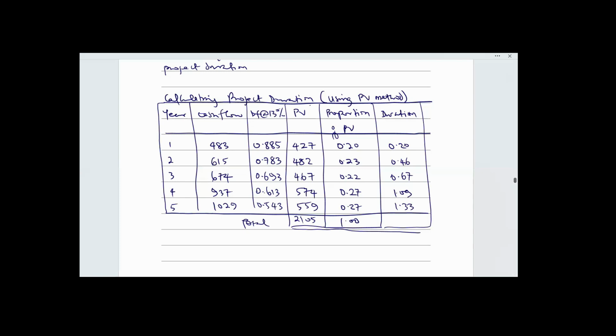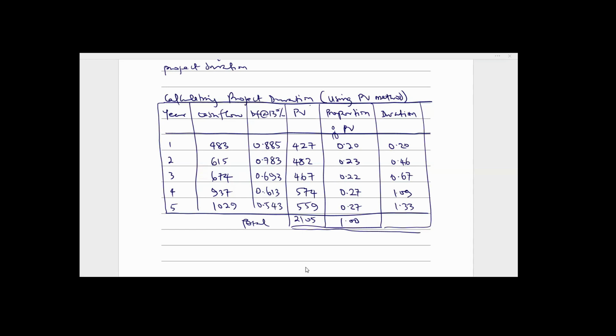Okay, let me try my own. 427 divided by 2105. Here I got 0.2, which is correct, multiplied by 1 produces 0.2, correct. Then 482 divided by 2105 equals 0.23, which is correct.